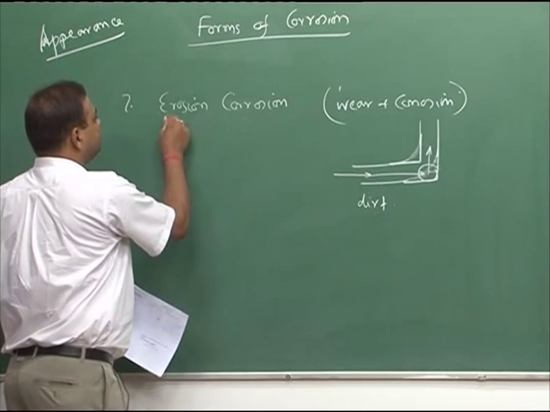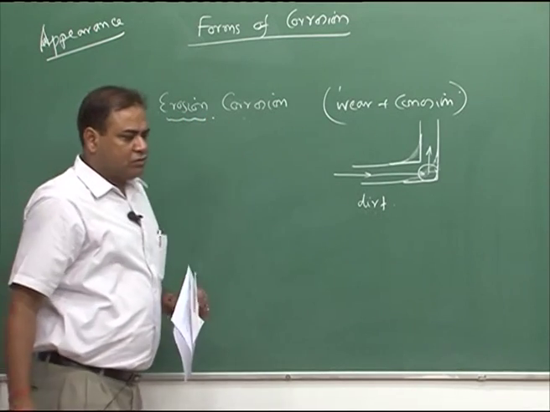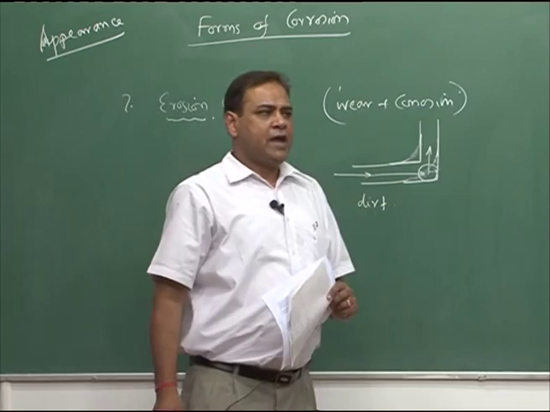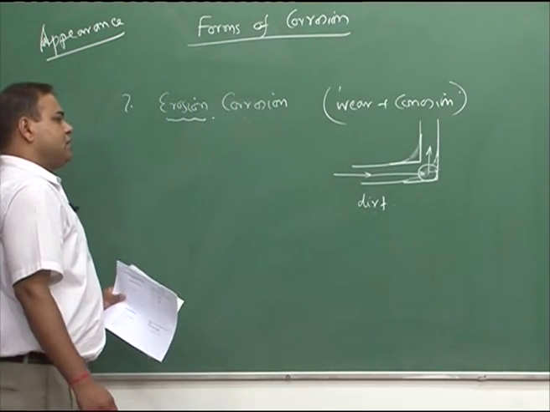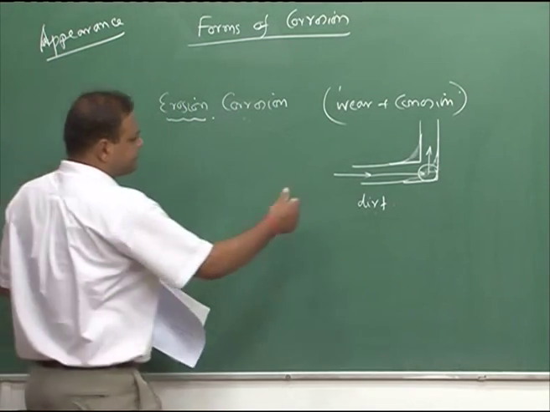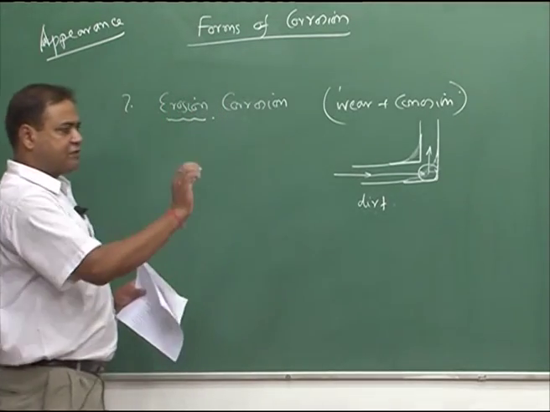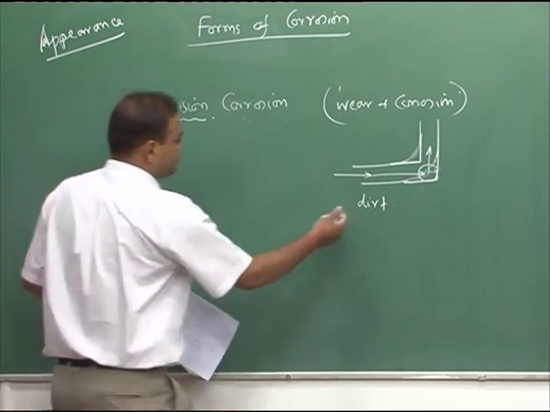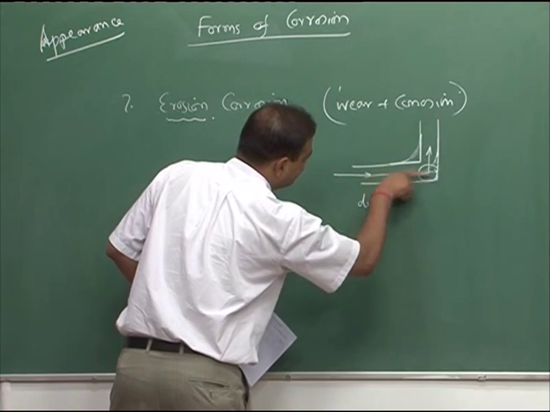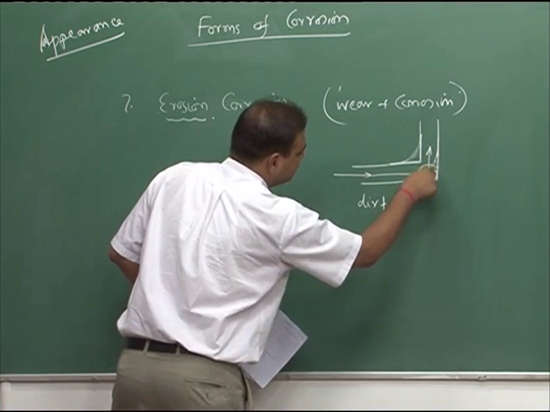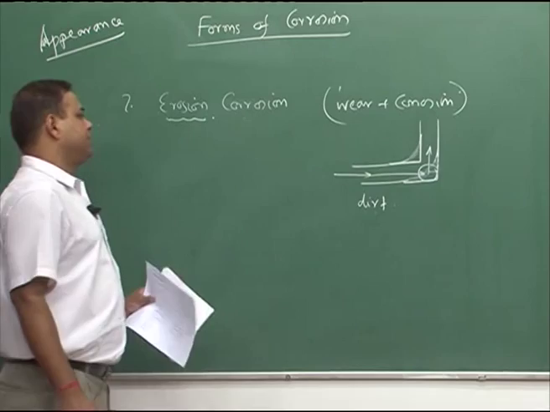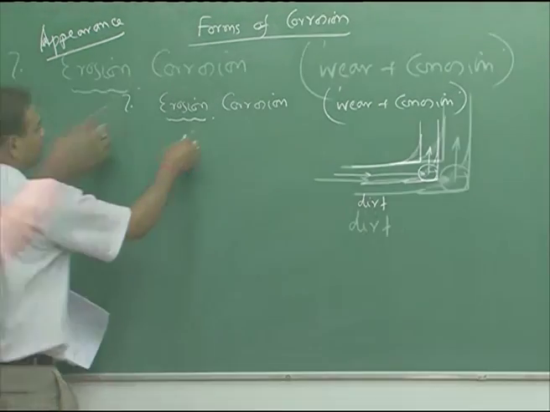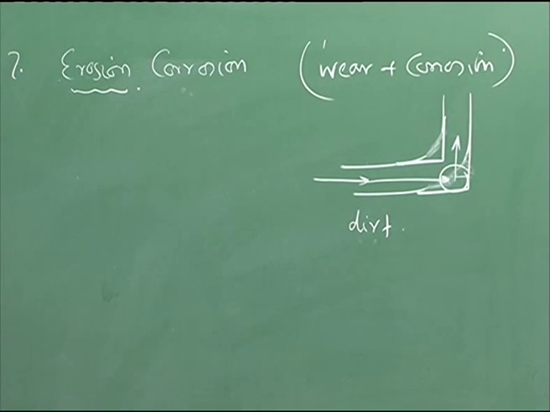Then we have a situation that is called erosion corrosion. In this erosion corrosion there is an effect of pressure, or the dirt particle is moving and impinging on the opposing surface. That impingement effect can also arise due to a fretting effect.